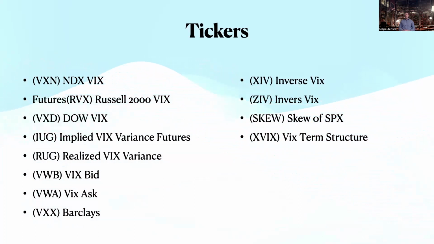SZIV, inverse VIX and skew, to basically see the skew of the S&P 500. And XVIX, which is the VIX term structure. It gives you an idea of whether VIX is in a positive slope or a negative slope. And I can go deep into that, but I'll leave it there for now.